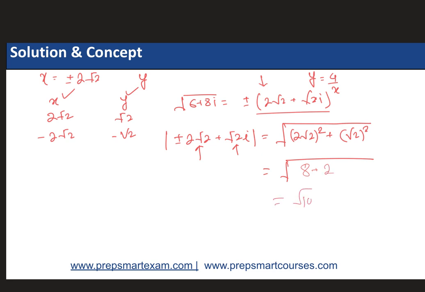And √10 is nothing but, if you look at the options, √2 into √5, so that is your correct answer. So again, what we can take away from here is this: whenever you are supposed to calculate the modulus of any random complex number, it's going to be the root of a square plus b square. I hope you have understood this technique, guys. This is a very standard and important template.